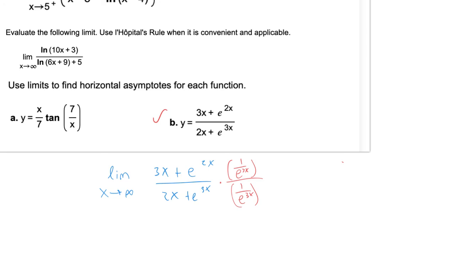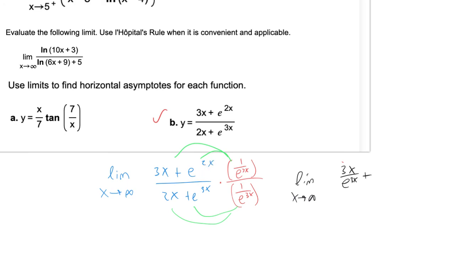So I think you would agree that we could distribute here, we could distribute there, and as a result of that, what we're really doing is taking the limit as x approaches infinity of 3x over e to the 3x plus, okay, now let's think about it.